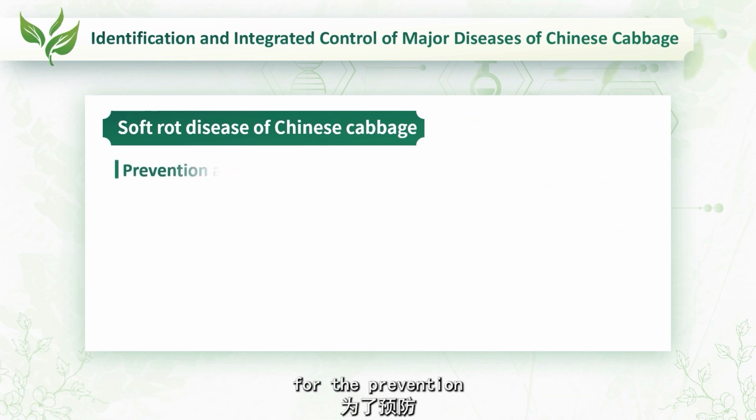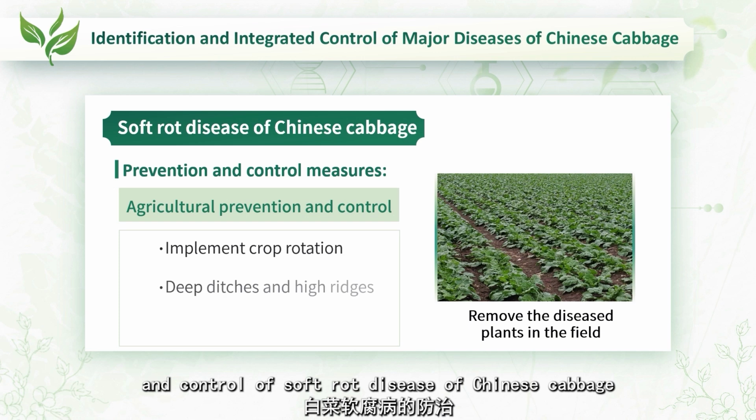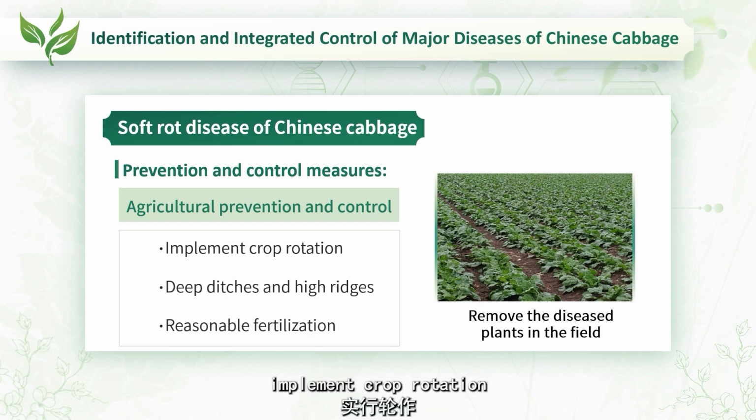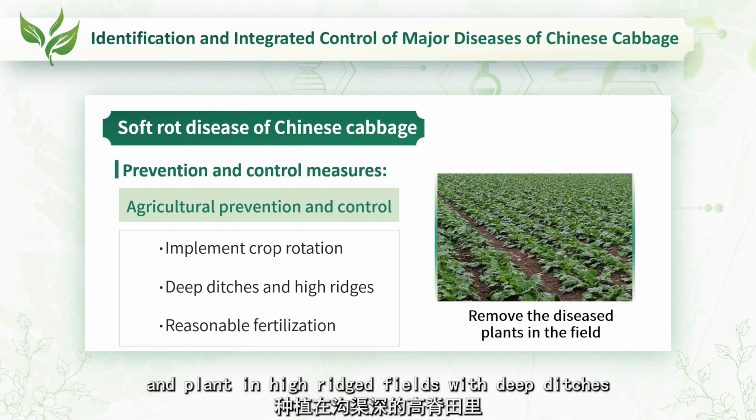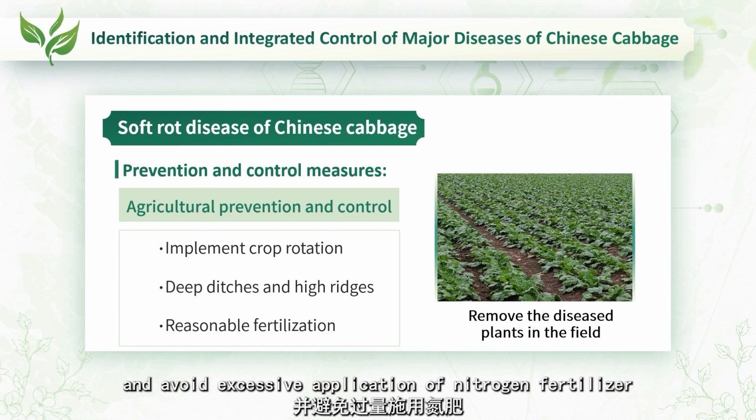For the prevention and control of soft rot disease of Chinese cabbage, implement crop rotation, deeply plow and sun the fields, and plant in high, ridged fields with deep ditches. Apply fertilizers reasonably and avoid excessive application of nitrogen fertilizer.